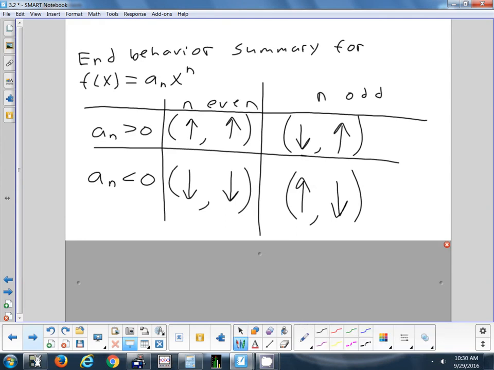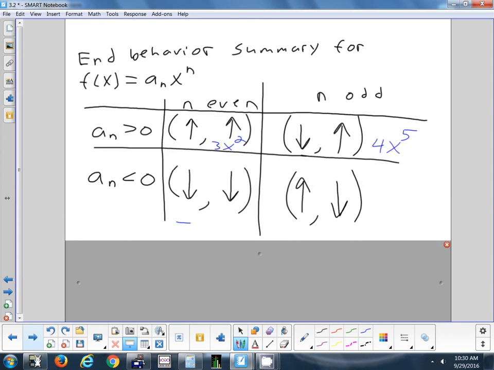I'll give you an example of each one. This one would be something like 3x squared. Positive coefficient, even exponent. Positive coefficient, odd exponent. A down, down.